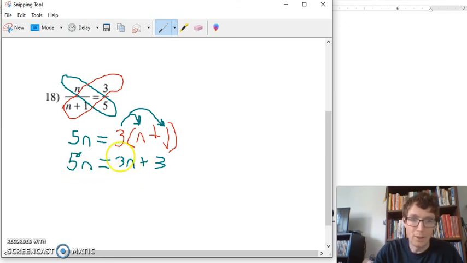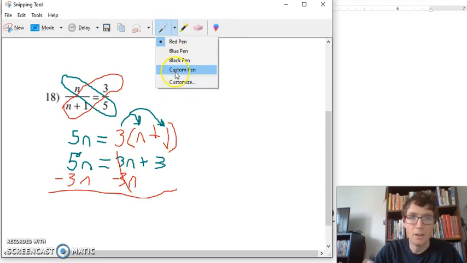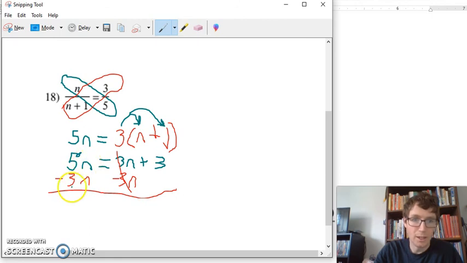If I want to get rid of a 3n, I'm going to subtract 3n over here, and what you do to one side, you have to do to the other. So I'm going to subtract 3n over here. So it cancels on the right side. Now 5n minus 3n gives you 2n. So now we just have 2n equals 3.